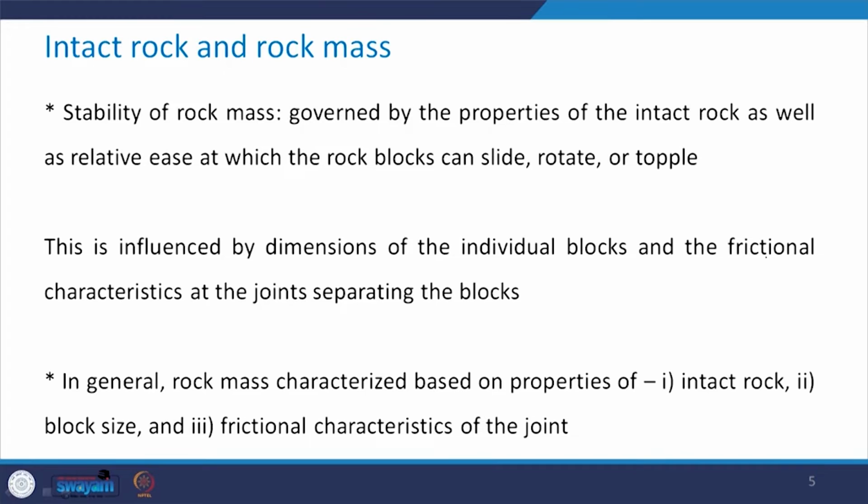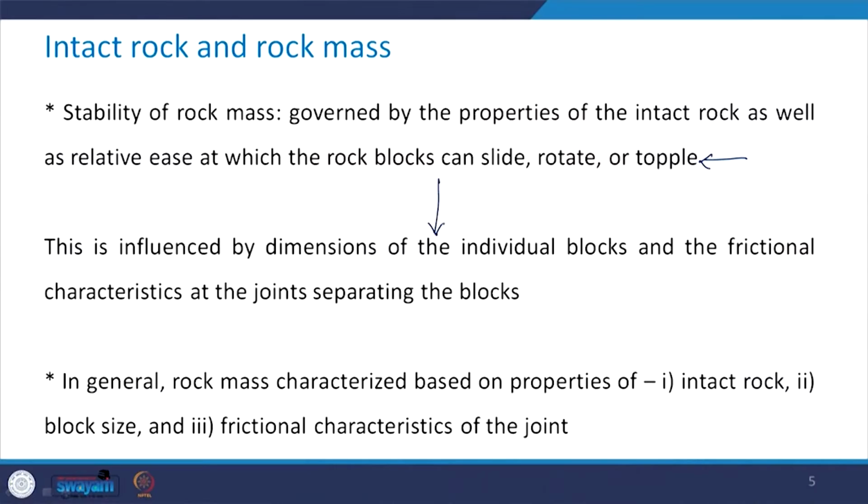In view of all these facts, the stability of rock mass is governed by the properties of the intact rock plus the ease with which the rock blocks can slide, rotate or topple. Why will these things happen? Because of the presence of discontinuity.